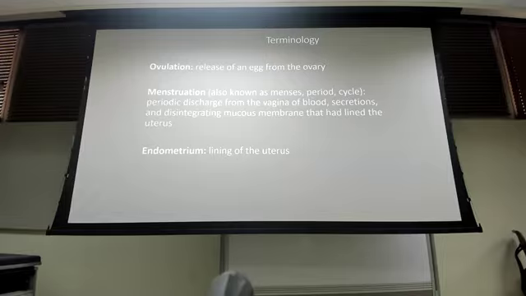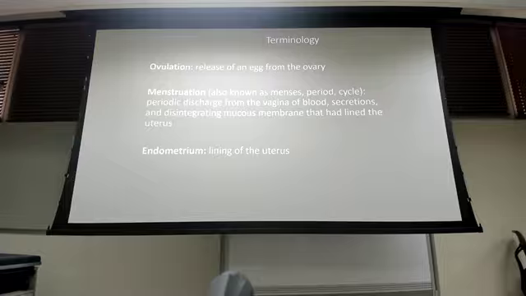And then here is a little background for you. I put this because test questions will use these words and people don't know what these words mean. And so I want to make sure that we're understanding what the words are. So ovulation is when an egg is being released from the ovary, right? And this is when someone can potentially become pregnant.